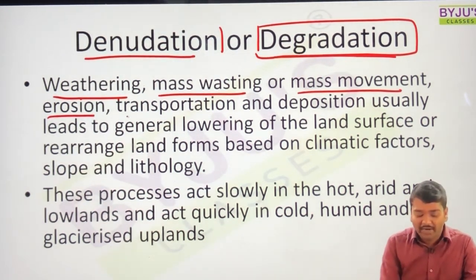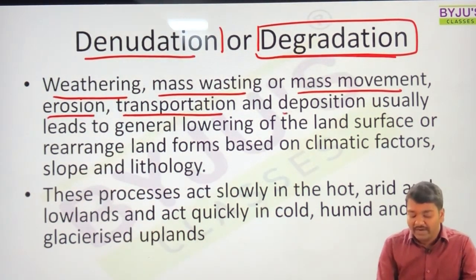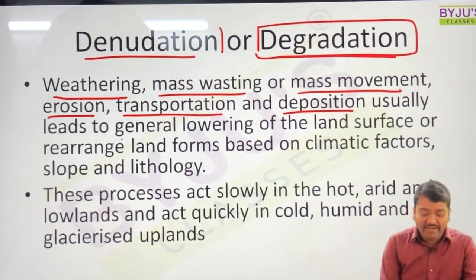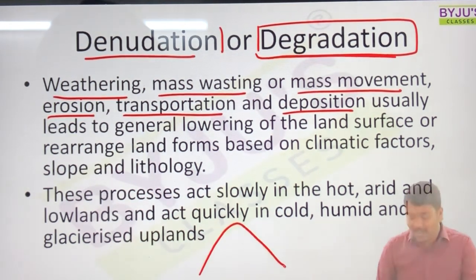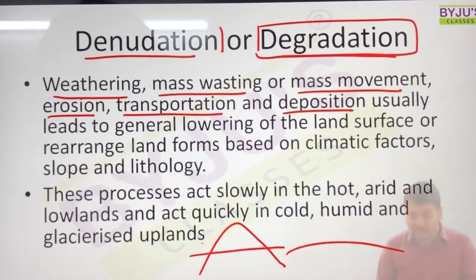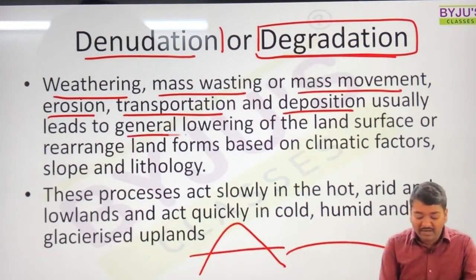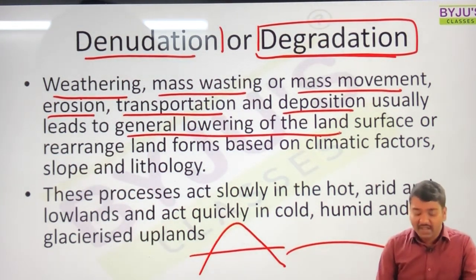Erosion, where you are eroding it, transporting it and depositing, usually leads to general lowering of the land surface. So if you have a hill like this, over a period of time this hill becomes like this, and this entire region will be eroded. So this is what we call general lowering of the land. I'll show you pics which have changed.